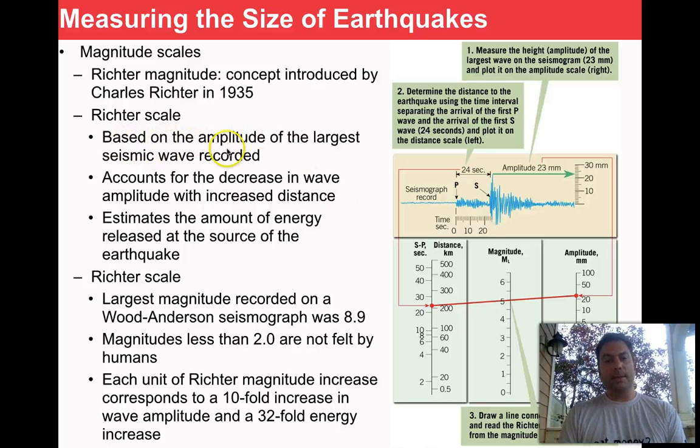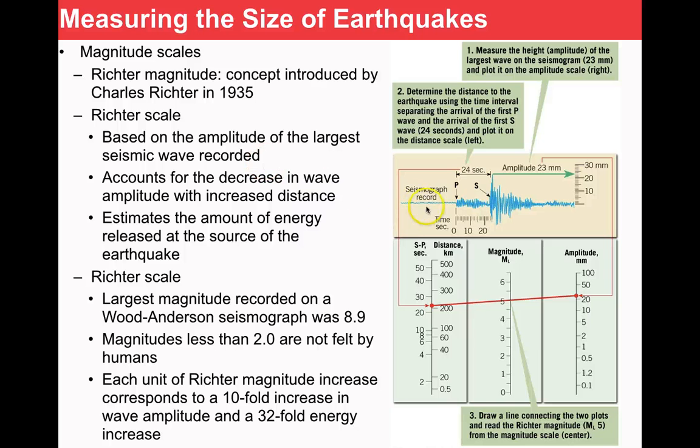First off, it's based on the amplitude of the largest seismic wave that's recorded. So here we see a seismogram coming through, the P wave comes in, the S wave, and notice that here's the largest amplitude, and you can measure that amplitude. It accounts for the decrease in wave amplitude with increased distance. How does it do that? Because it correlates whatever you see here with your S-P distance.